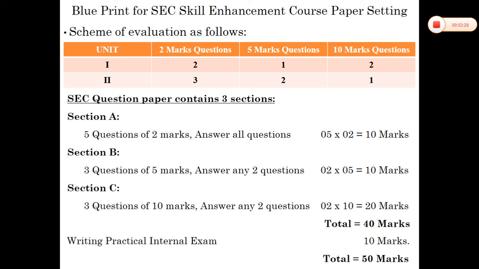In section B, we have 3 questions of 5 marks. Among them, we have to answer any 2 to get 10 marks. In section C, we have 3 questions of 10 marks. Among them, we have to answer any 2 questions to get 20 marks. This means in total we are going to score 40 marks in the theory paper.